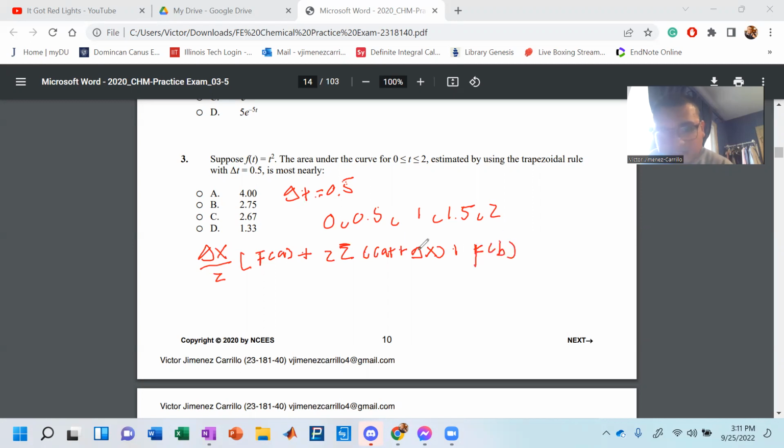Now, it might look a little ugly because my pen isn't really wanting to work with me.